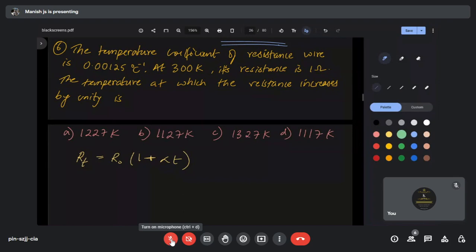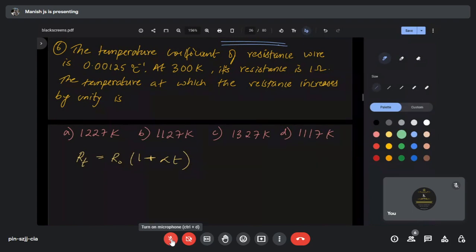Yes, you can substitute and go for a simplification in this case. In the question, they have given you alpha in terms of degree Celsius inverse. They didn't give it in terms of Kelvin inverse.